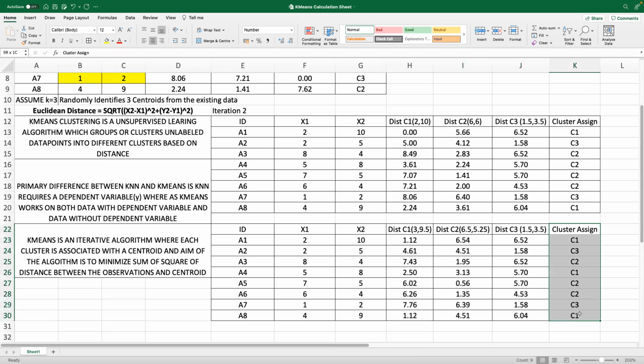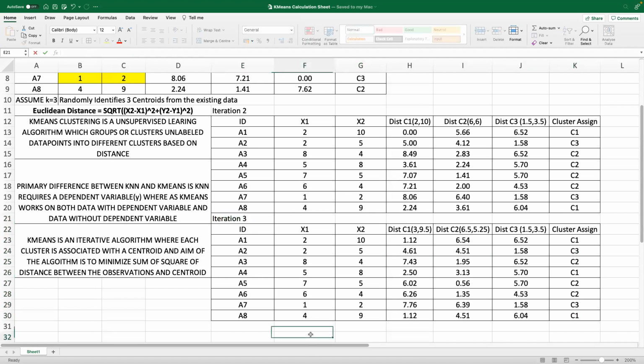The new cluster assignment is the minimum of the distances. This is your iteration 3. So we have again a change, so we have to redo the calculation again.